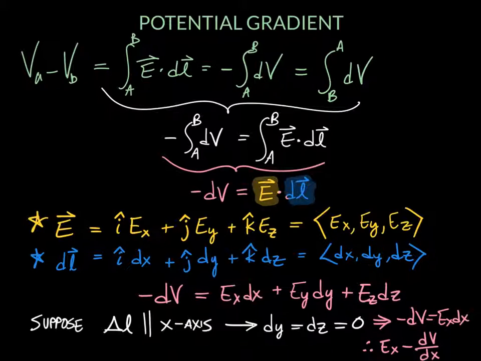So only x varies in this derivative. This is a partial derivative because the potential field has x, y, and z components, but with this particular supposition, we basically have a partial derivative.